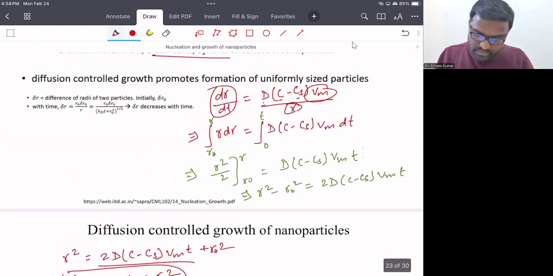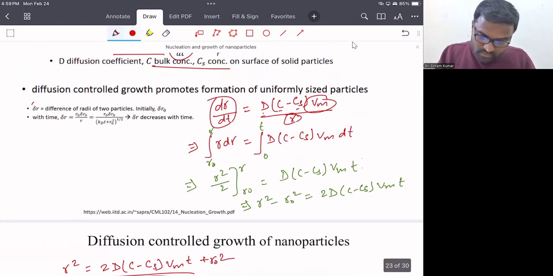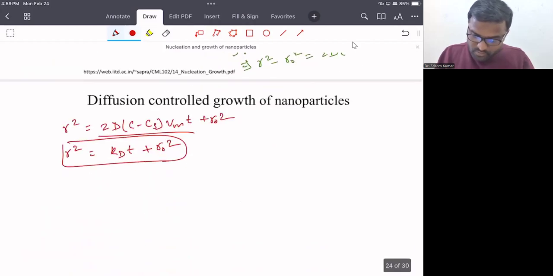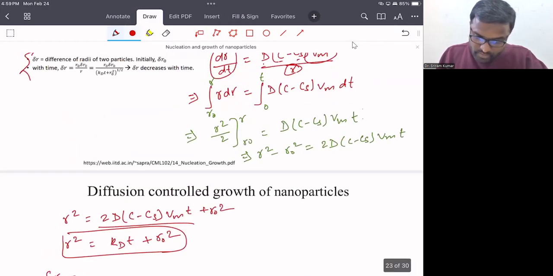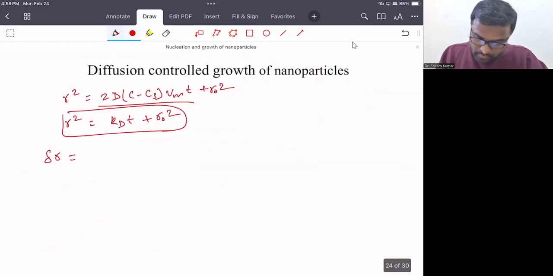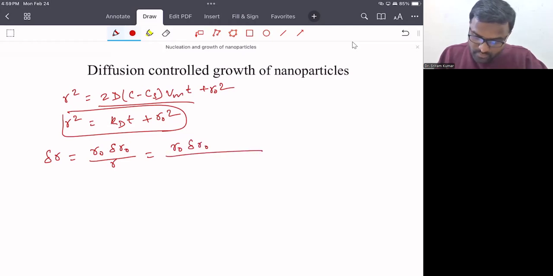To understand the difference in the size of the particles, we need to understand the change in r values. We can calculate this as delta r over r.